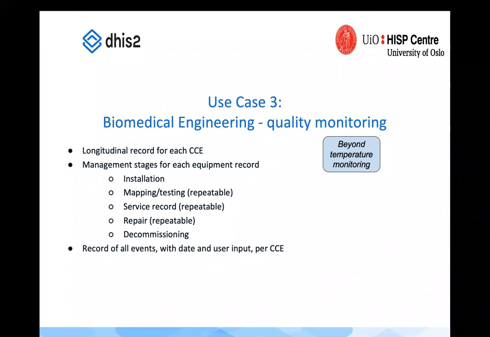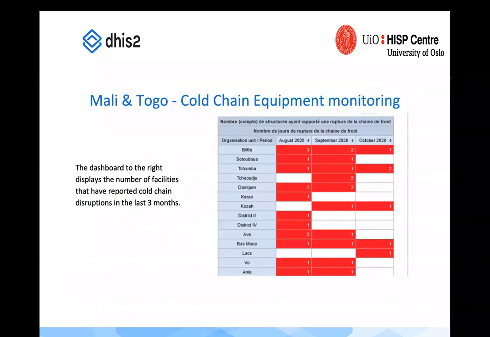Then you have a service record, preventive maintenance, also maybe daily equipment checks by storekeepers or by non-technicians, then a record of the repairs that were done, and eventually of the decommissioning, together with a record of all your equipment, like an inventory, and keep that record permanently on the server. Next slide, please.